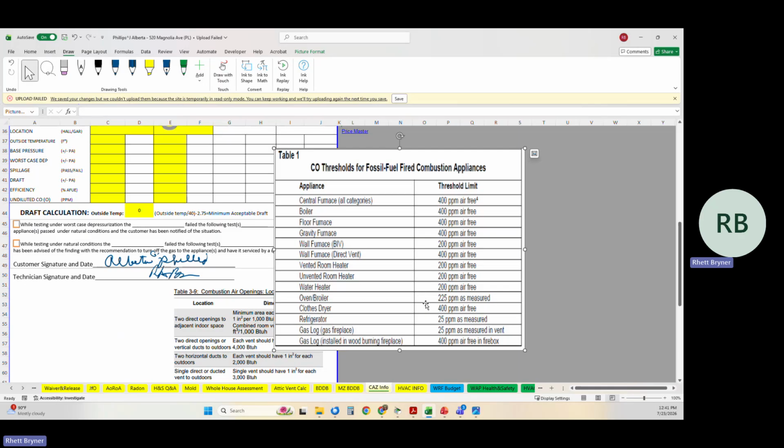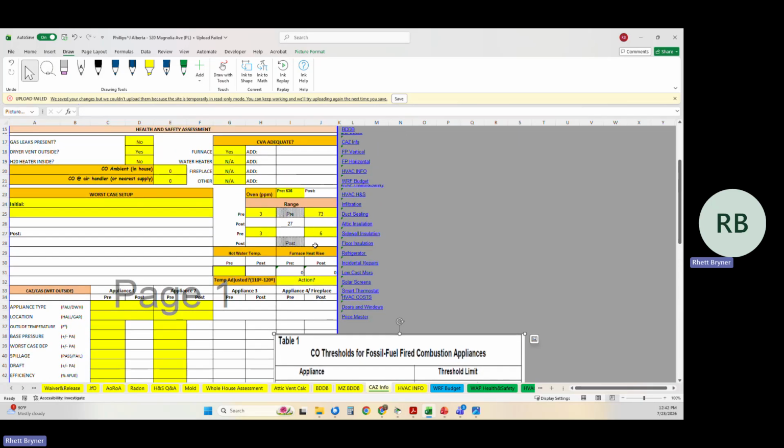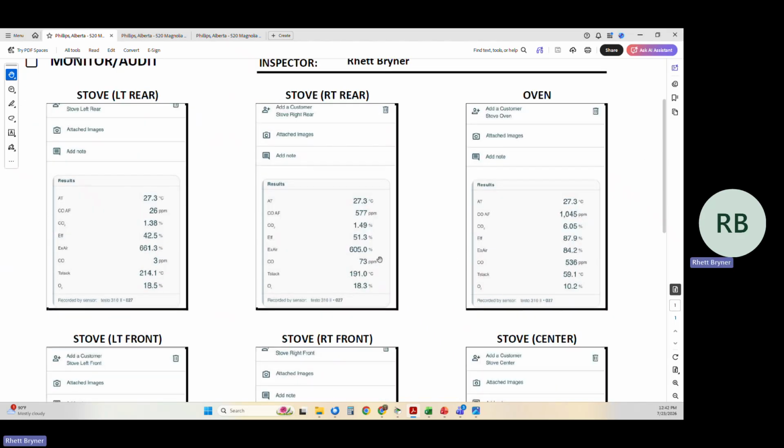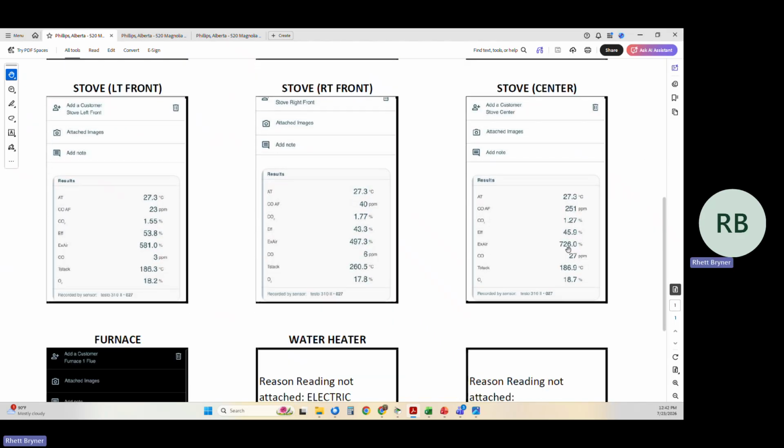All right, because we got a high reading, that means we need to adjust the appliance to make sure it's safe, so that when we're done, we're not leaving the customer in an unsafe situation. All right. Next thing is you see both the center burner and the right rear stove. Right here, 73 and 27.